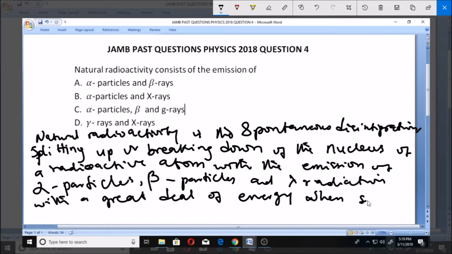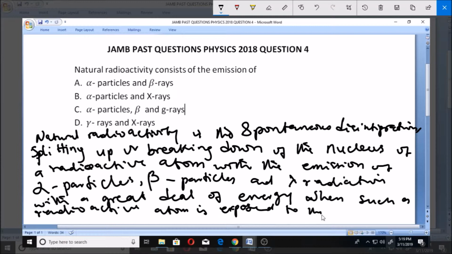When such a radioactive atom is exposed to the atmosphere or buried in the ground.